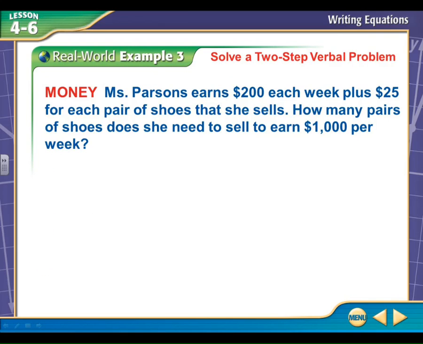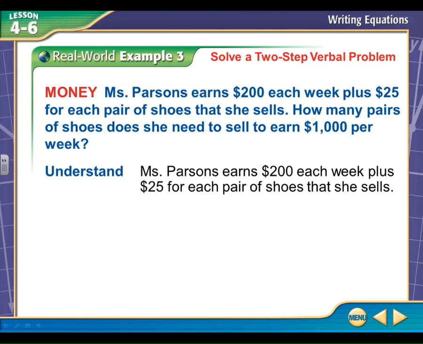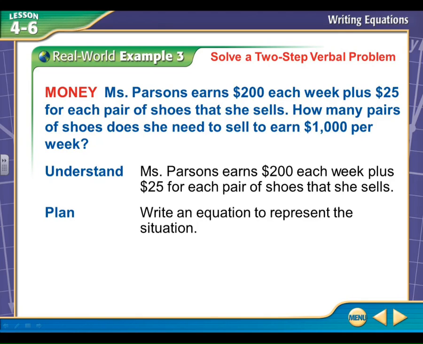Okay. Mrs. Parsons earns $200 each week plus $25 for each pair of shoes that she sells. How many pairs of shoes does she need to sell to earn $1,000 per week? So first thing you have to do is understand what you're looking for. Second thing you have to do is plan it. You have to write an equation to represent the situation.